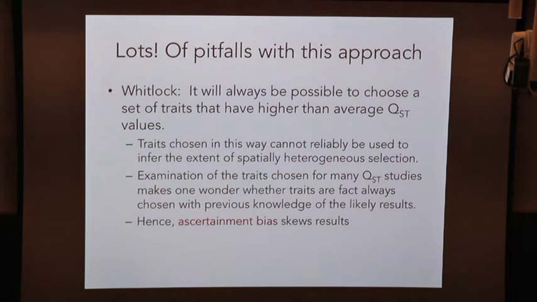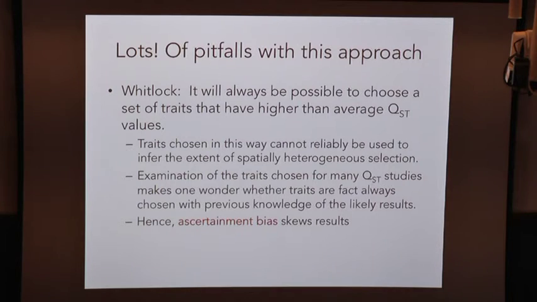And Whitlock has argued that you can always take a set of traits which are entirely neutral and additive and simply choose a subset that has a higher than average QST value, and therefore they'll have a value of QST bigger than FST. Traits chosen this way cannot be used to make interpretations about if selection varies over those subpopulations.